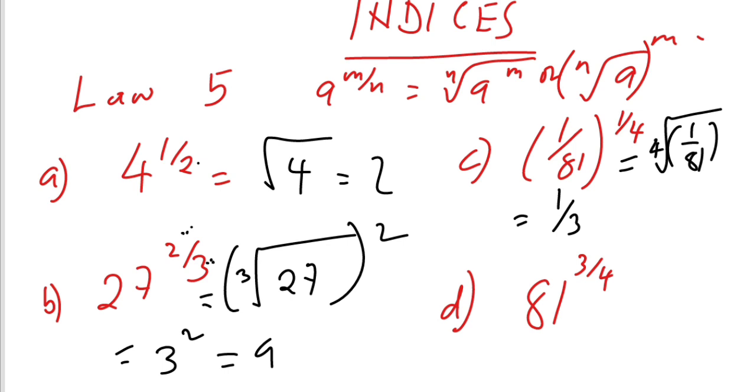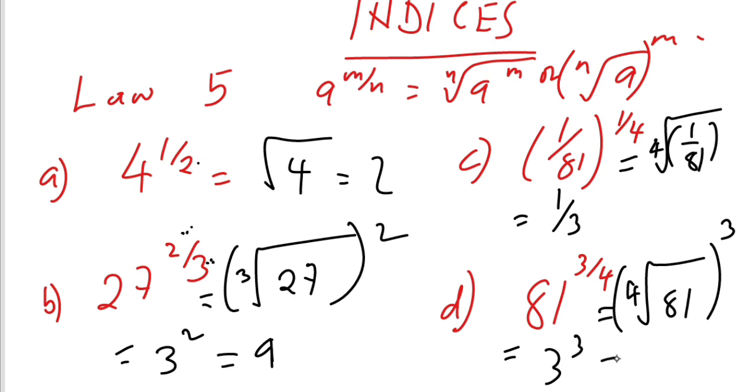I'm not sure, but let me just confirm. Yeah, it's 3. For the last question, which is a very crucial question, this applies the same. You do the fourth root of 81, then cube it. So the fourth root of 81 is 3, to the power of 3 gives you 27. So these are your answers.